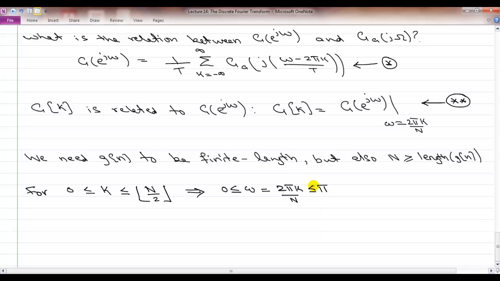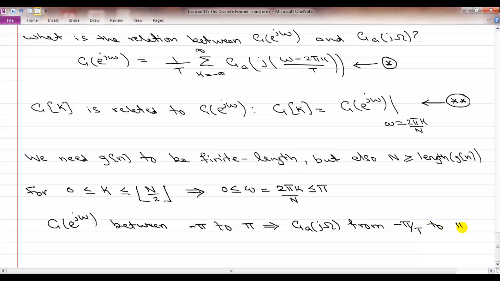So if I give you the DTFT, you can tell me what is the continuous time Fourier transform by simply rescaling the x-axis between minus π and π and rescaling the amplitude. If I tell you what G_e(jω) is between minus π to π, this means you know G_a(jω) from minus π/T to π/T.